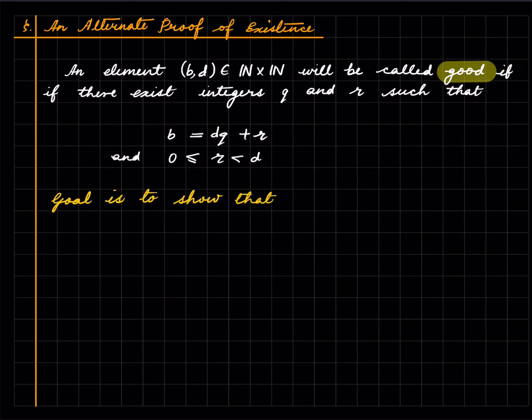So those are good pairs, and what we really want to do, our goal, is to show that every (b, d) in N cross N is good. All right, so this is what we want to do. So collect the not good ones.